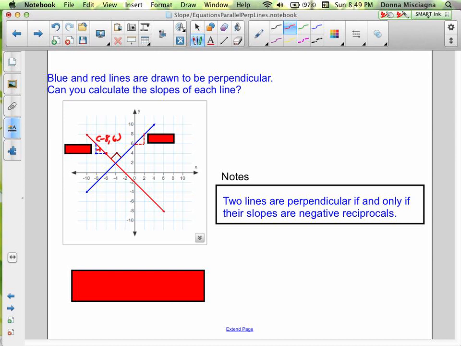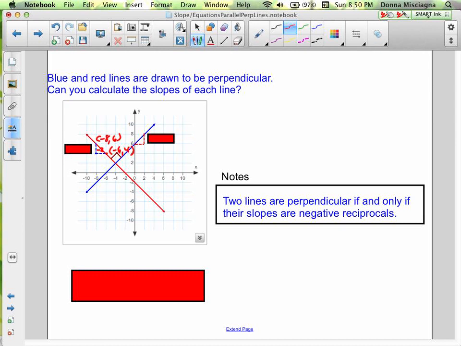And this point right here is, oh, I lied, I said -1. It's one box, but each box is worth 2. And this point right here is (-6, 4). So it actually has a rise of -2, because from 6 to 4 it's going down 2.